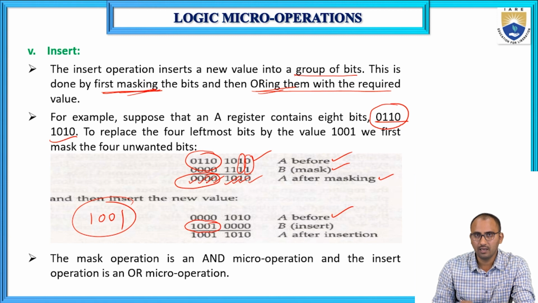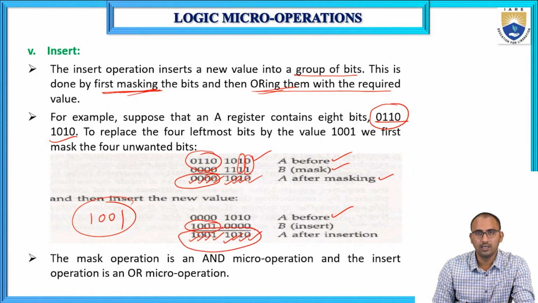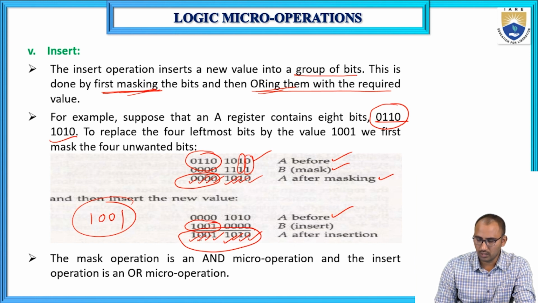So we perform the OR operation: 0 OR 1 is 1, 0 OR 0 is 0, 0 OR 0 is 0, 0 OR 1 is 1. So what are the contents of register A after performing the insert? 1001 1010.